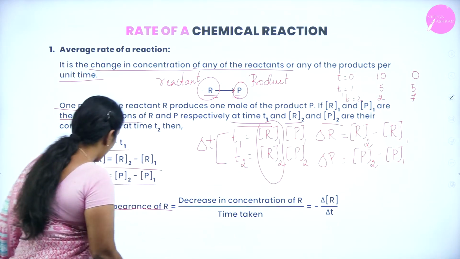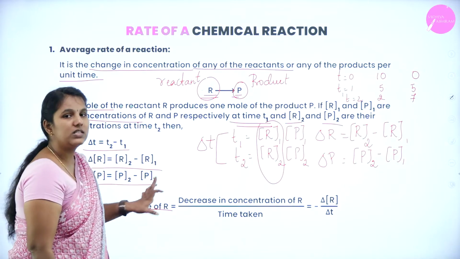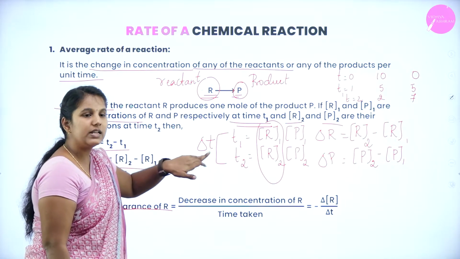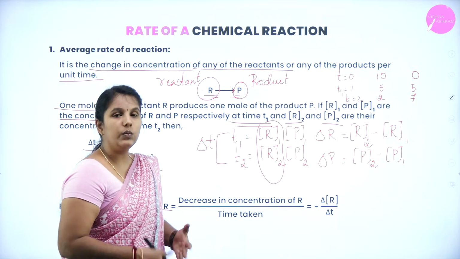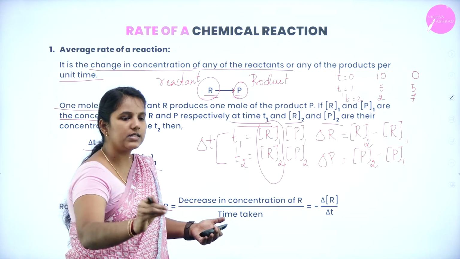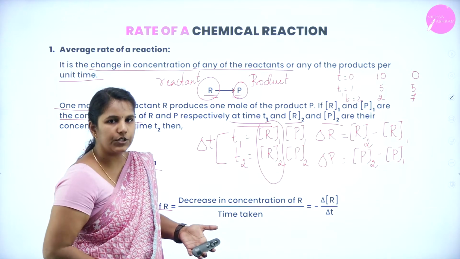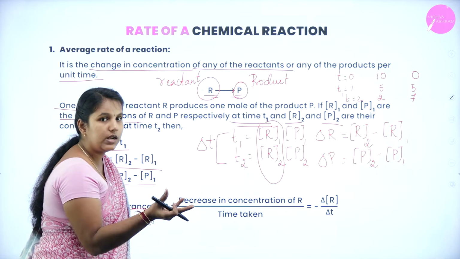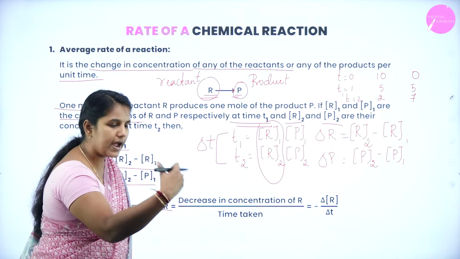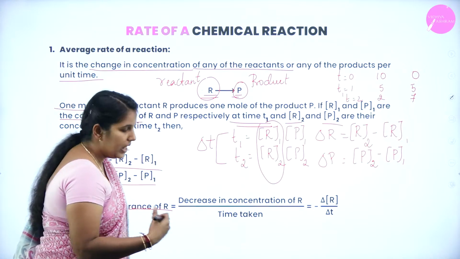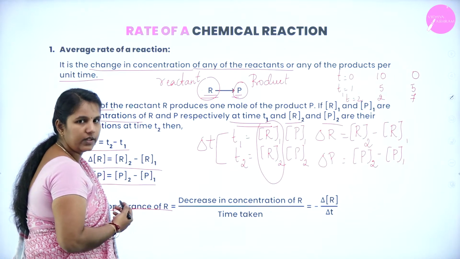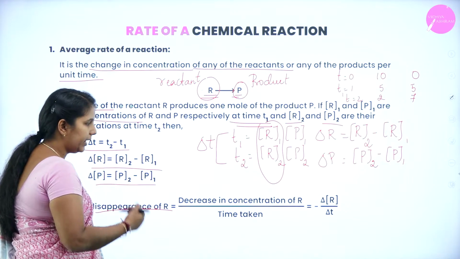So that is why I have written the rate of disappearance of R. What is R here? Reactant. As time passes, the reactants are giving rise to the product. In such cases, the concentration of the reactant starts decreasing. So it is obtained by the decrease in the concentration of R divided by the time taken.